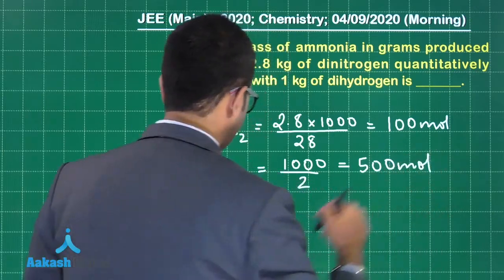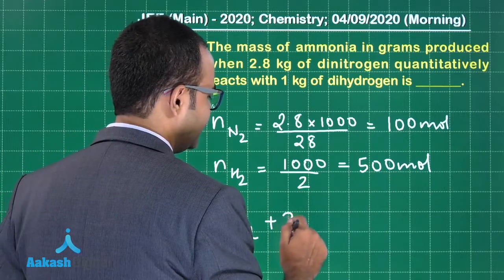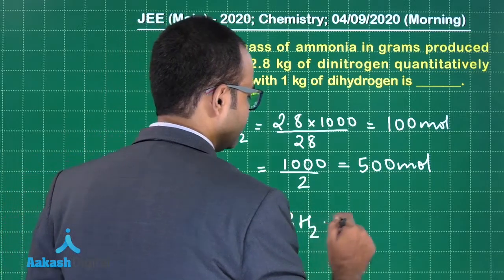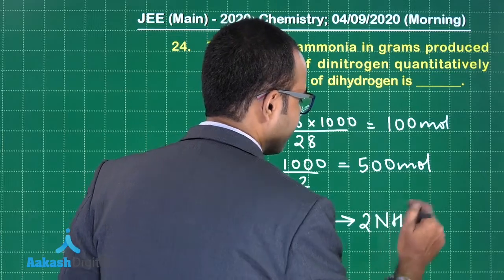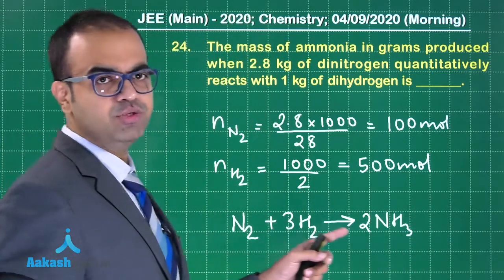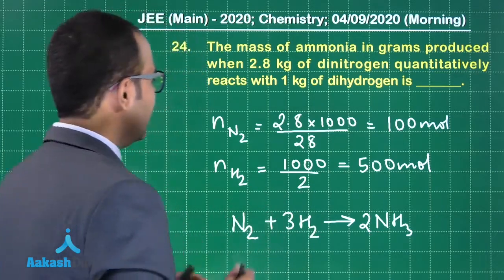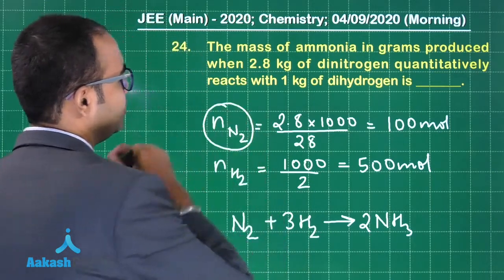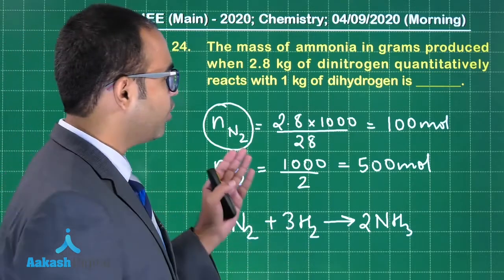If I write the equation, N2 plus 3H2 gives you 2NH3. So what is the limiting reagent over here? N2 is the limiting reagent. So we'll calculate the mass of ammonia from where?